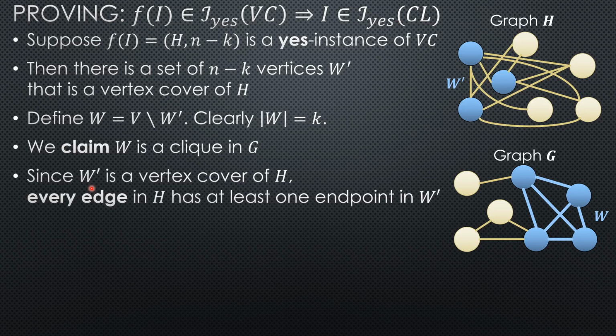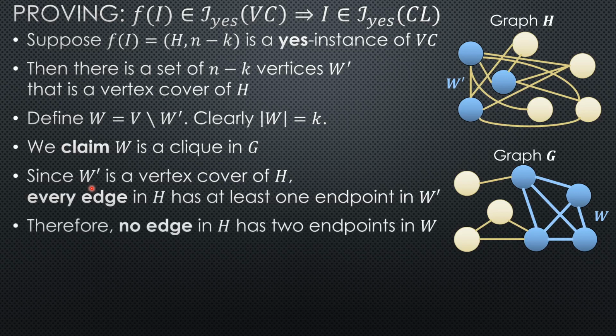Every edge in H has one or both endpoints in W prime. So there's no edge in H that has two endpoints in W, because every edge has to have some endpoint in W prime.